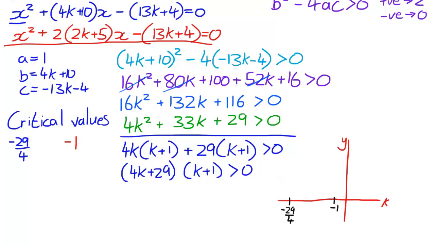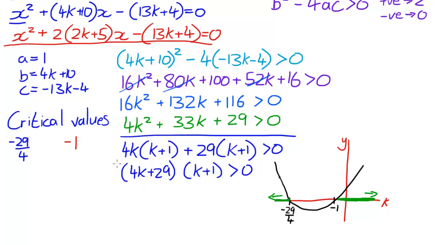And we have some function that comes down that looks roughly like an x squared, like this. And we have to note down, where is this function greater than 0? Well, it's greater than 0 on this part here, all of this up to infinity, and everywhere from minus 29 over 4 down to minus infinity.